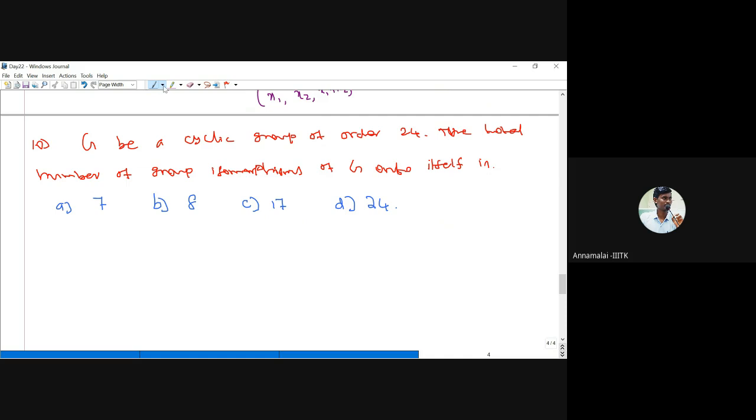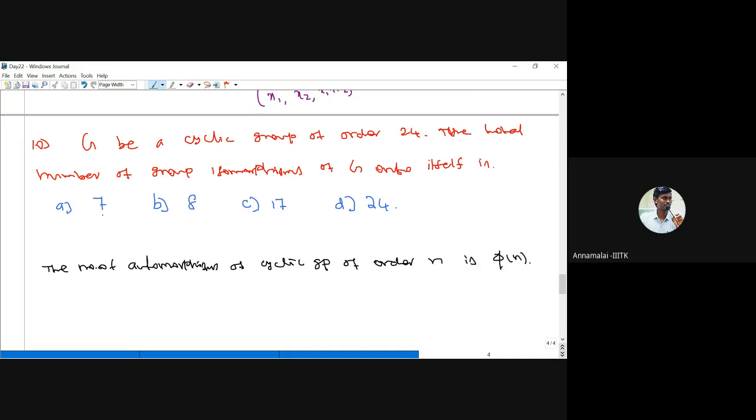And we know the result for the number of automorphisms. So we quickly recall the result. The number of automorphisms of a cyclic group of order n is phi of n, the Euler phi function.